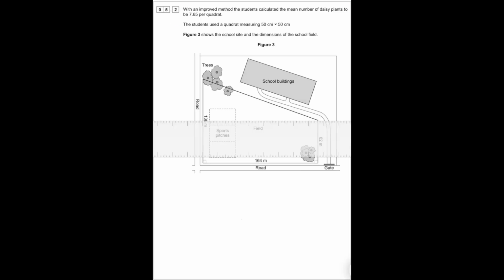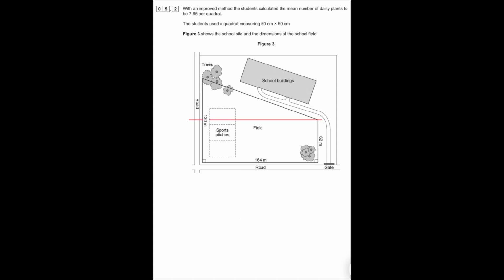The first thing we're going to do is divide our field into 2 shapes so we can measure out the area of the field more easily. So we have a rectangle and a triangle. Let's call these 2 areas Area 1 and Area 2. To work out Area 1, it is going to be 62 metres times the length, which is 164 metres.